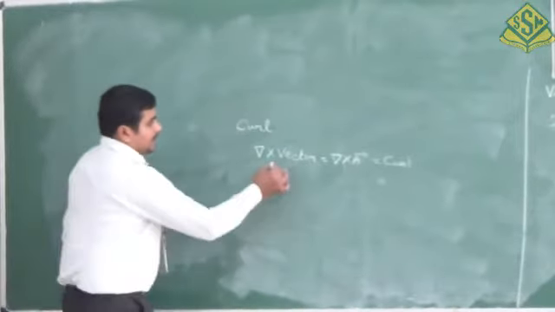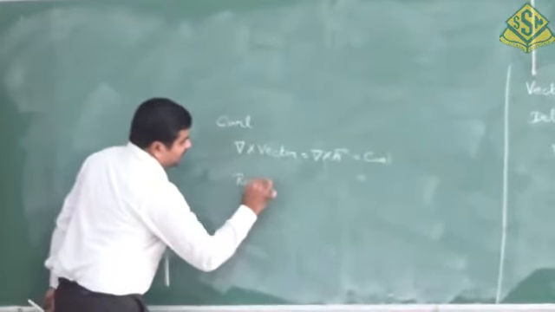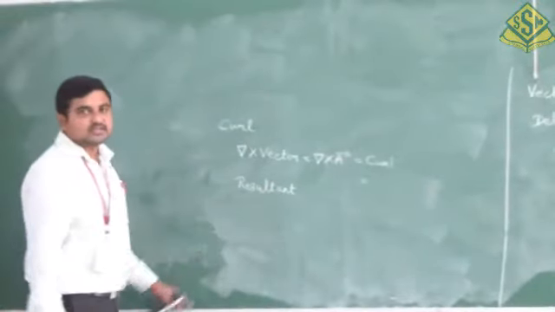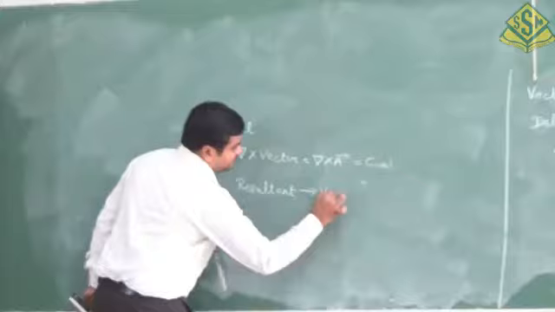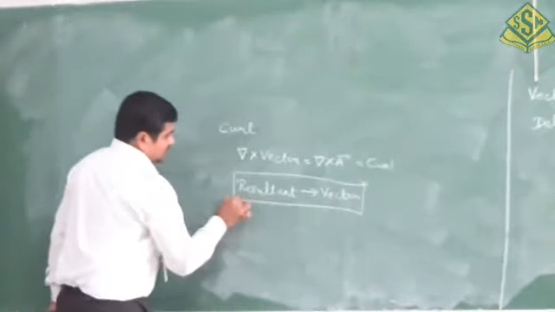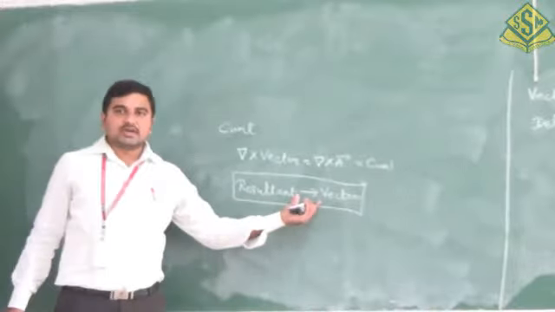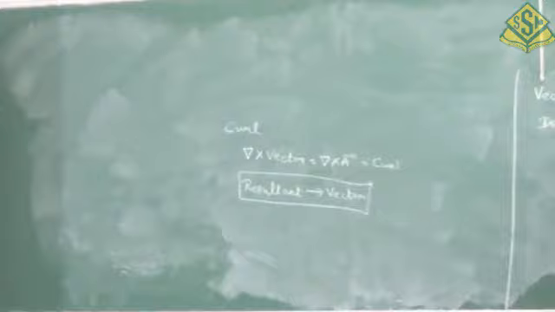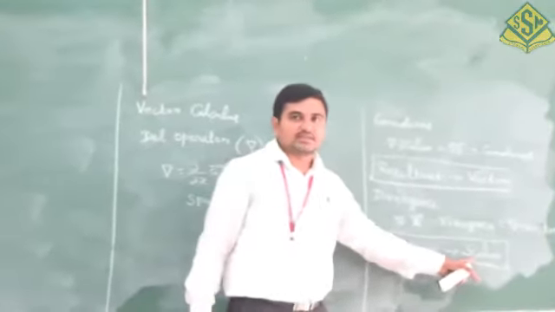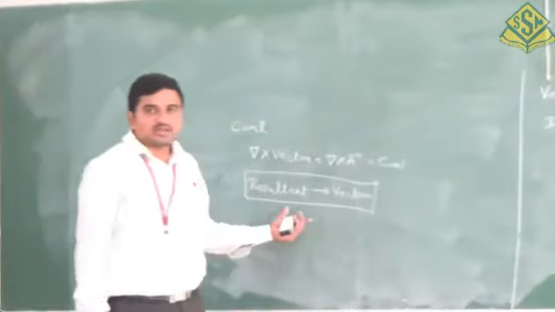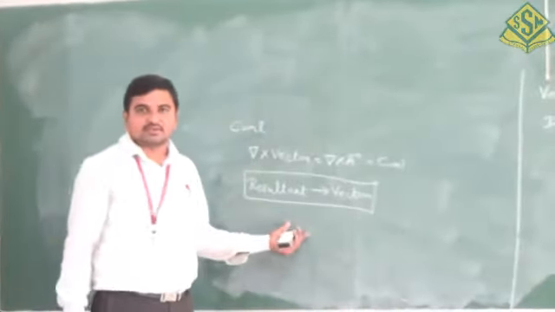The resultant of this curl is always a vector. So curl resultant is vector, gradient resultant is also a vector, and divergence resultant is a scalar. These are the three important results which are asked in the GATE examination.